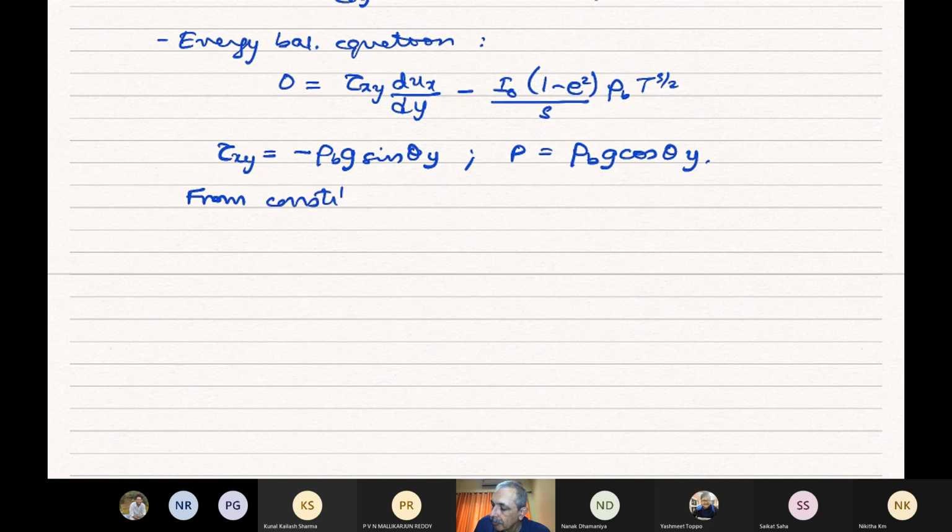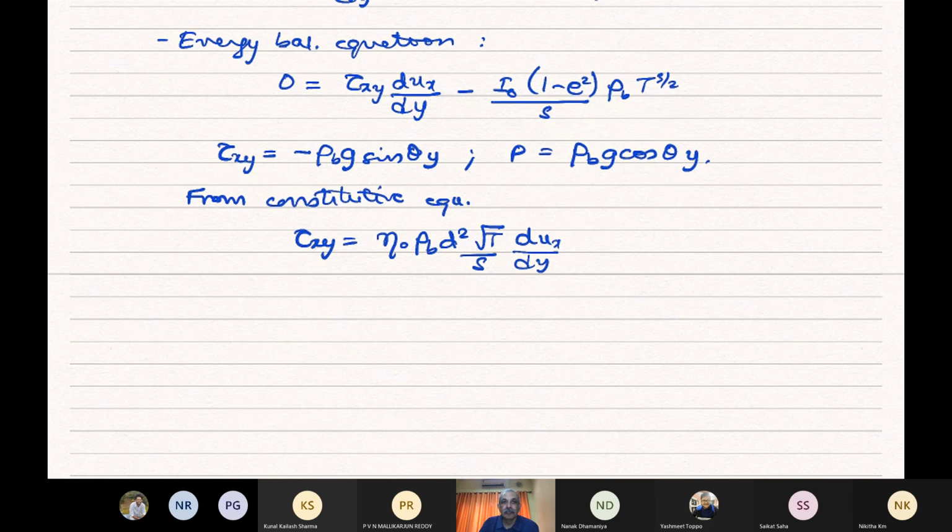From the constitutive equation for stress, we know that tau xy is just equal to the viscosity, which is eta 0 rho b d squared into square root of T by S. This is the viscosity into dux by dy.